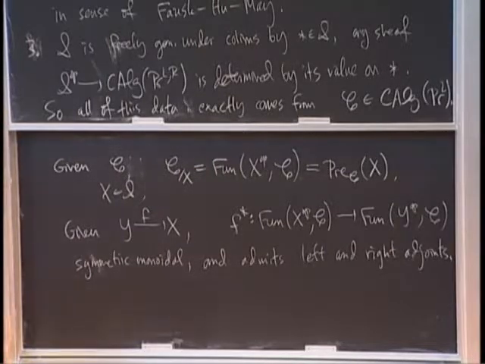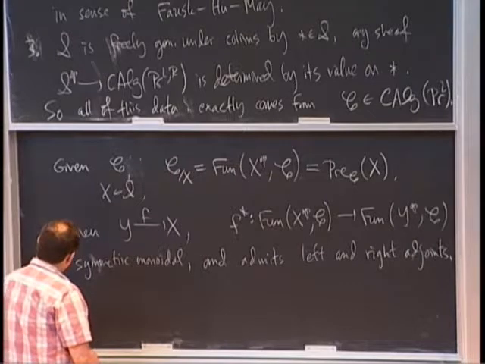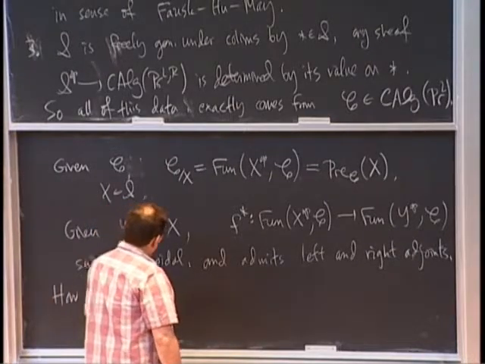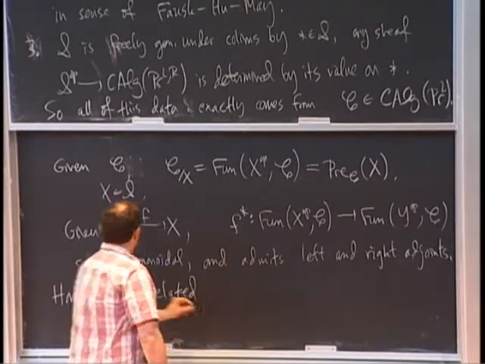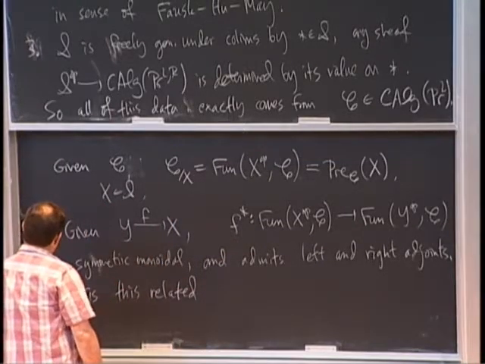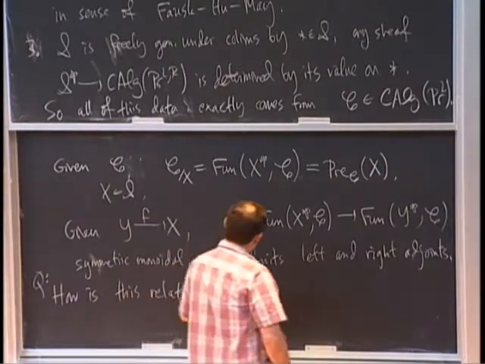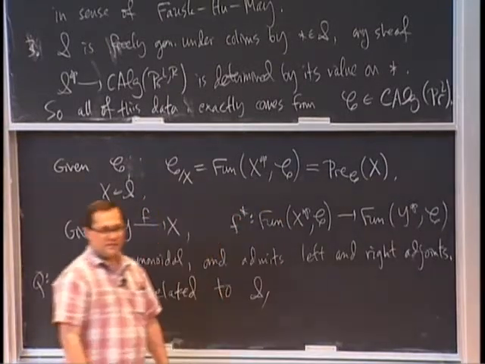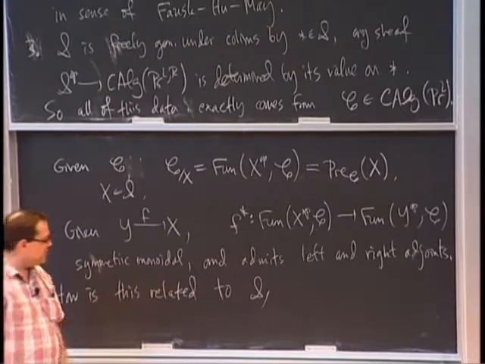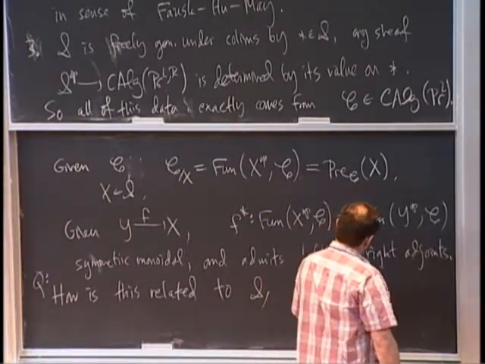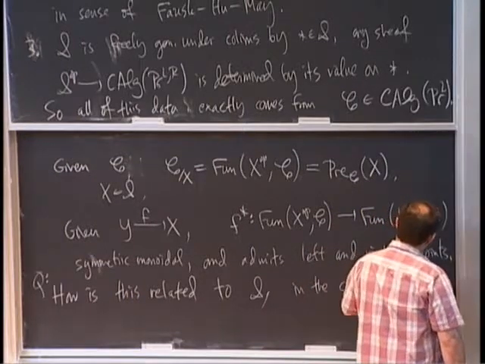But now you might ask, how is this related to the original functor that I considered, the slice in spaces, in the case that C is equal to S?